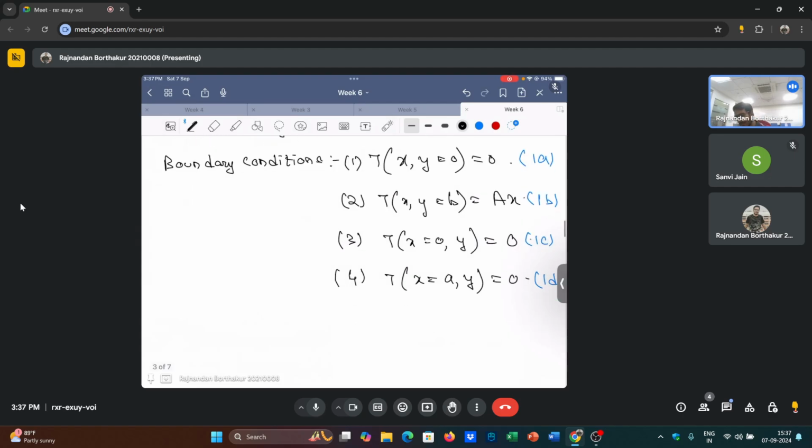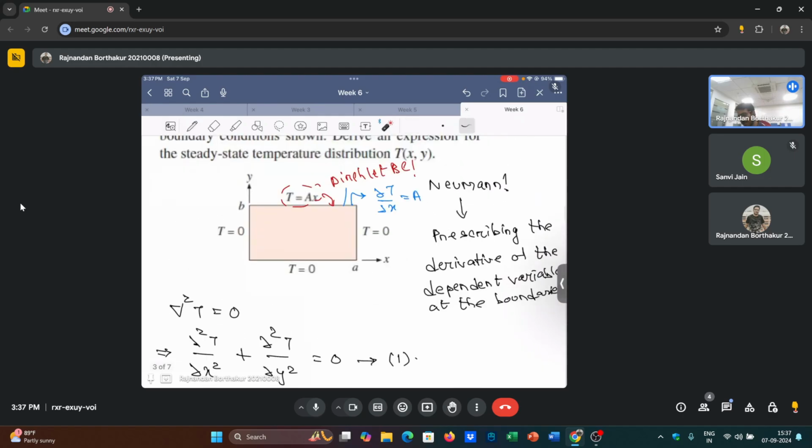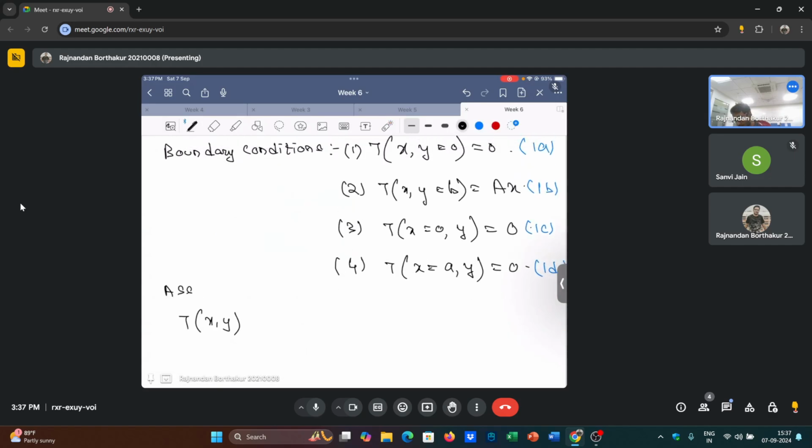So the first step for using the method of separation of variable is we'll assume that the temperature field, which is our unknown, is basically some function of x multiplied by some function of y.